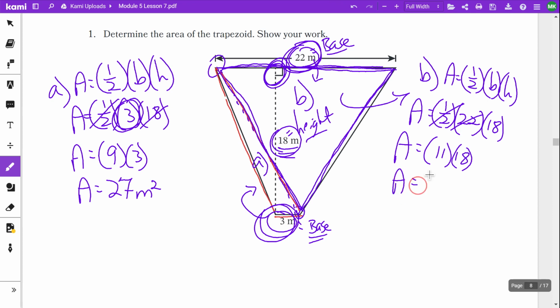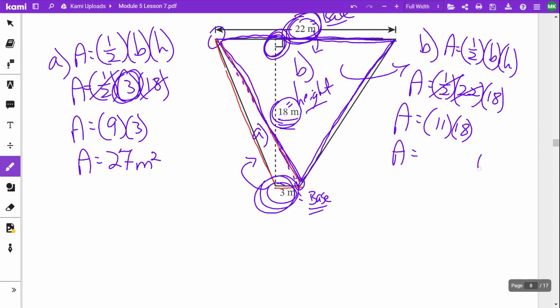So how about my 18 times 11? There's an 8, there's a 1, and there's another 8, another 1. If I add those together, I get 8, 9, 1. So I have 198 meters squared there.